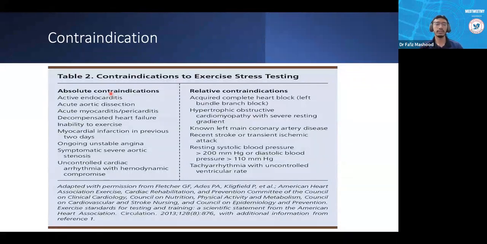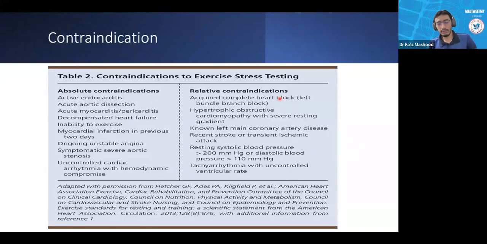For relative contraindications, you can see here left bundle branch block. Left bundle branch block is almost always ischemic in nature. Most of the causes of LBBB are ischemic, so most of our cardiologists or physicians avoid EST in LBBB patients because we have other alternatives.